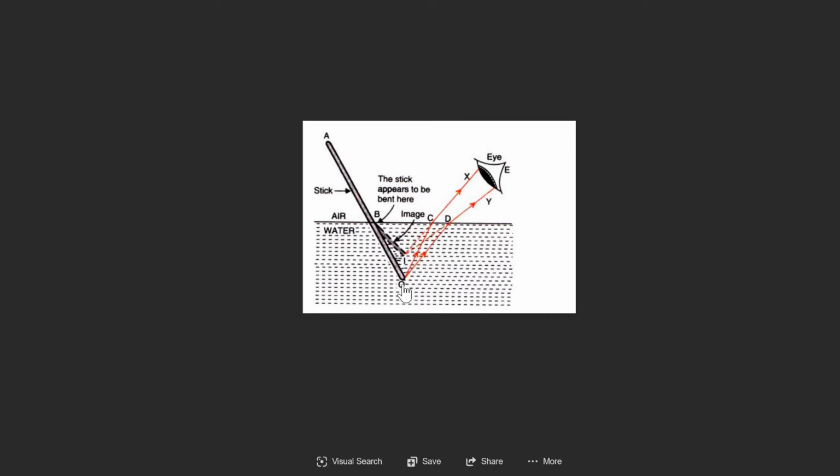The actual position is here, but you feel that it is bent and the end is here. This is called the apparent bending of a stick under water. See, what happens here is the portion of this appears here.